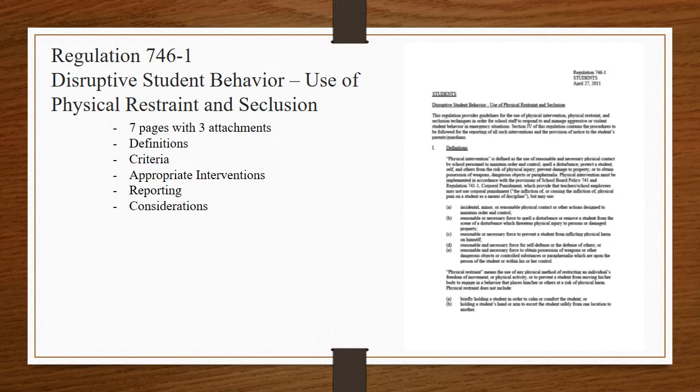And then timeout means assisting a student to regain control by removing them from his or her immediate environment to an open location until they are calm or the behavior has subsided. All of these should only be used under circumstances which create emergency situations when other less intrusive alternatives are not possible or they have failed.